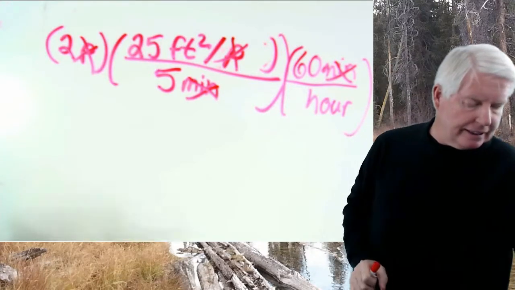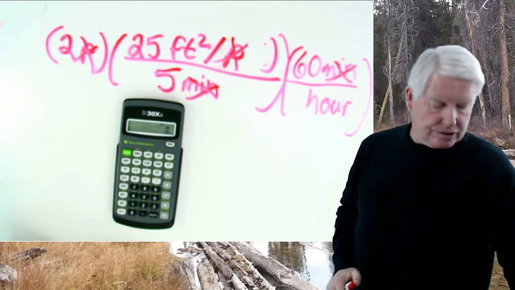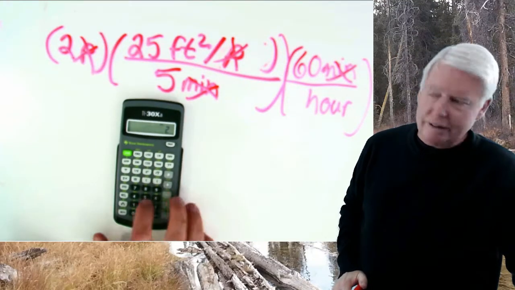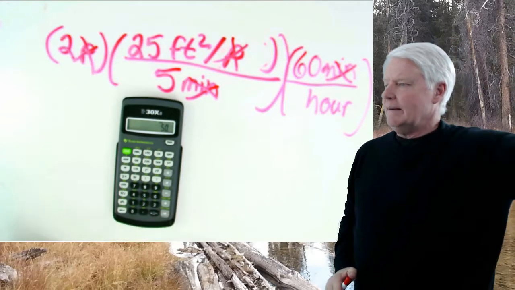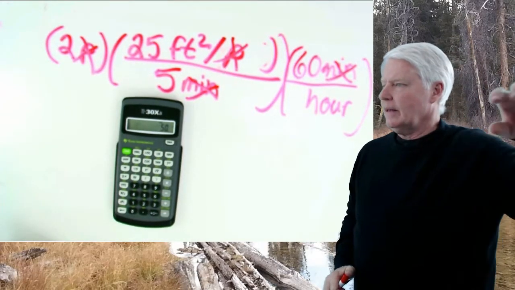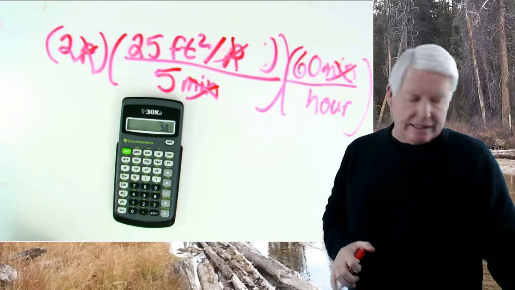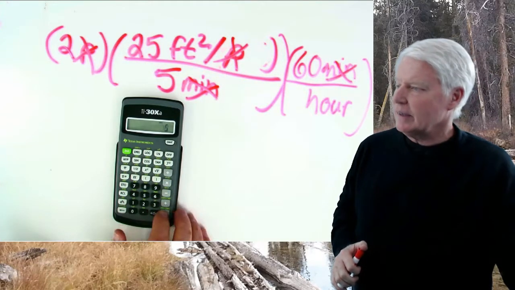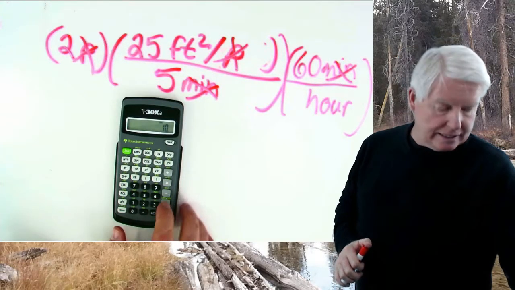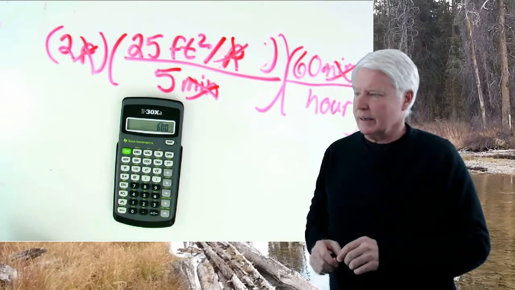So let's do the math here so we can make some room on our screen. So now I'm doing the math for the numbers. 2 times 25 is 50, divided by 5, the 5 minutes, equals 10, times 60 equals 600.